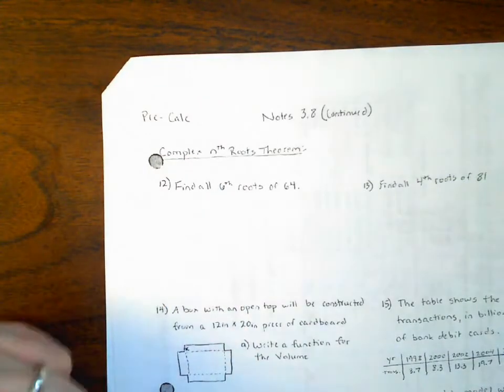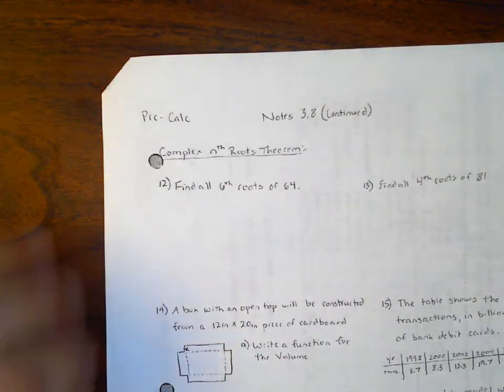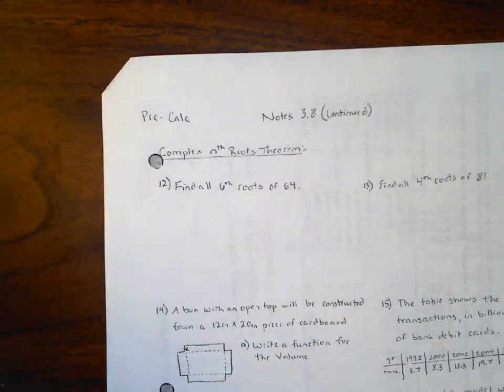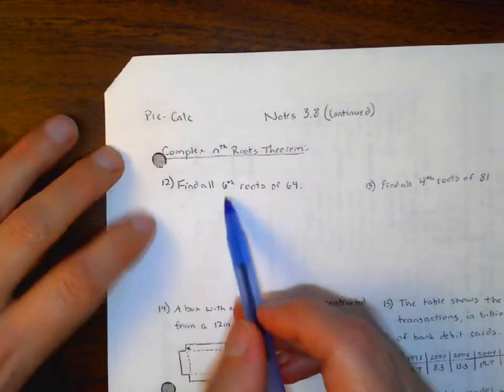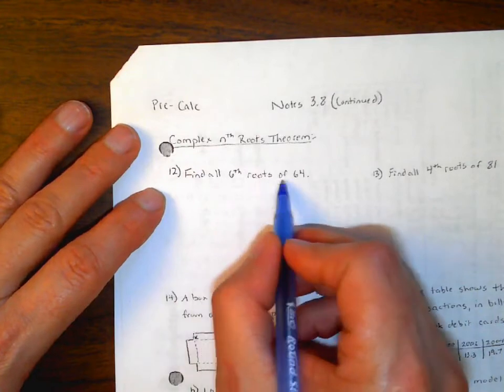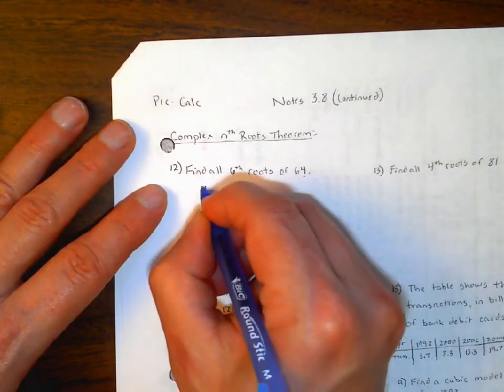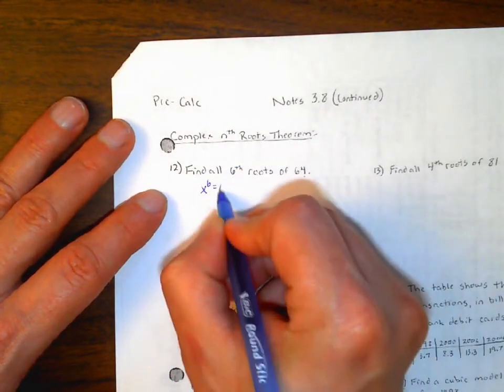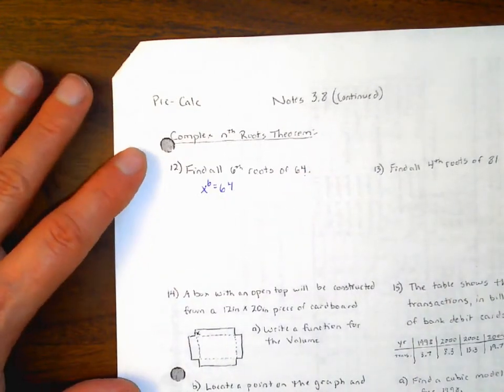Okay, complex nth root theorem. Basically, kind of get into this. Yeah, let's work this out. Find all sixth roots of 64. That basically just means we want to solve this equation right here.